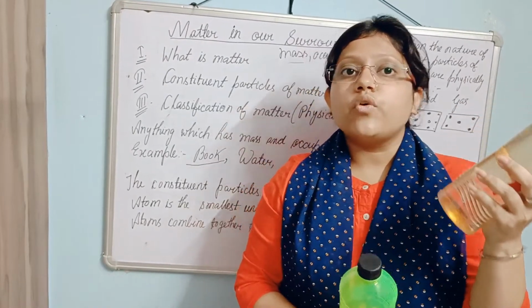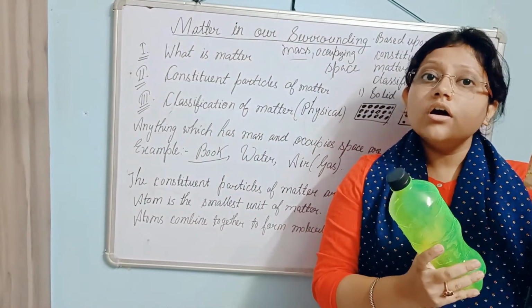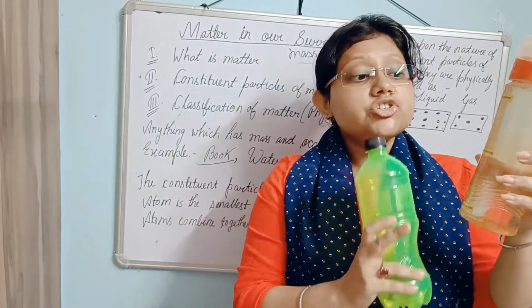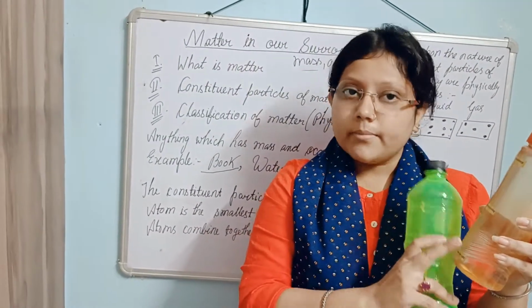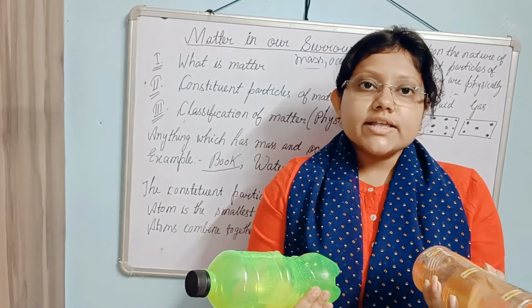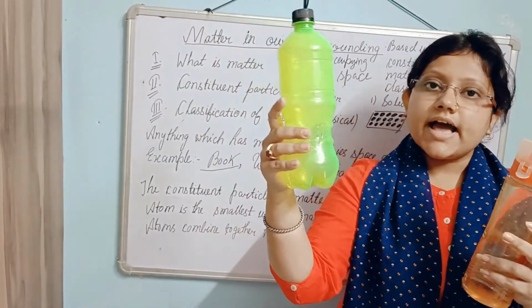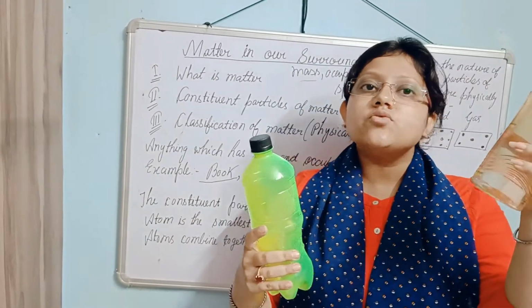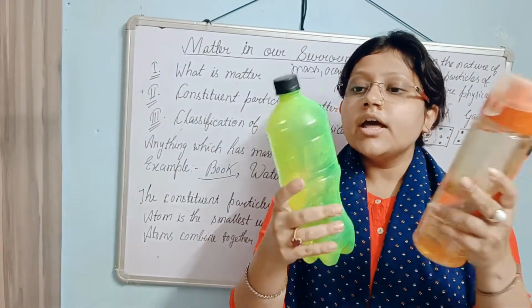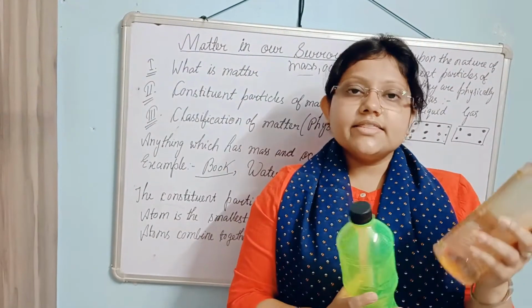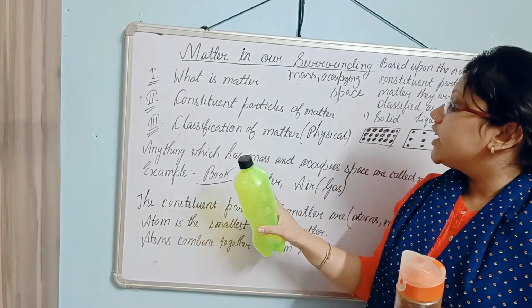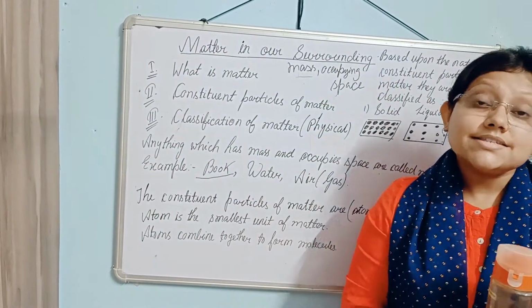Now the question is why? Because this bottle consists of water, which definitely has some mass. How can you say this? Because this bottle has no water, so this weighs light. This bottle has water, so this weighs more than this one. So we can say that water has some mass. Now the first characteristic we understood, that water has some mass.